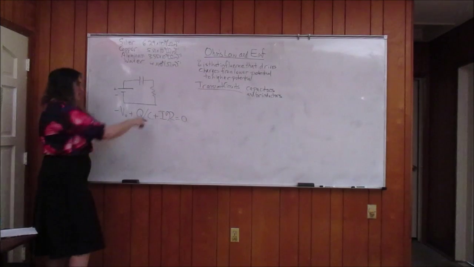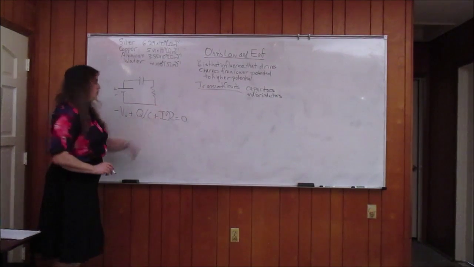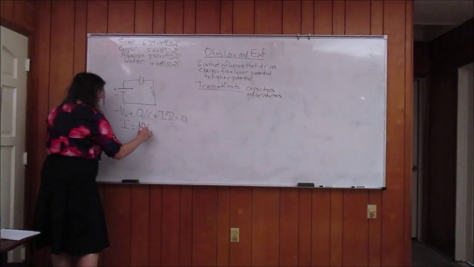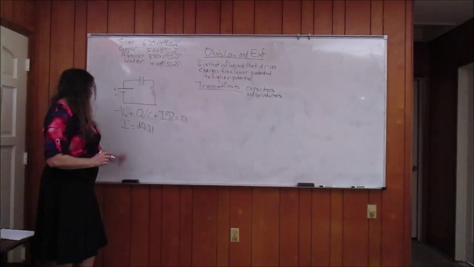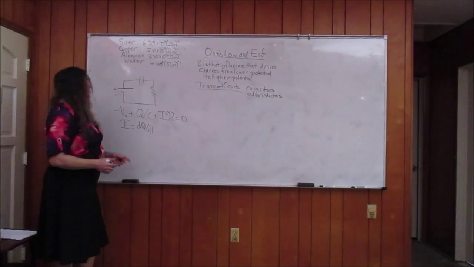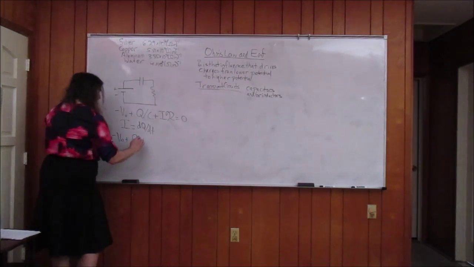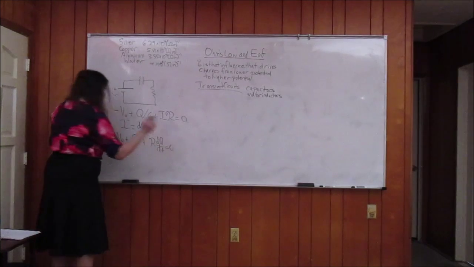It's convenient to solve this as charge as a function of time. So remembering that I is equal to the time derivative of the charge, or the amount of charge transported per unit time, this is equal to minus V naught plus Q over C plus resistance times dQ by dt.